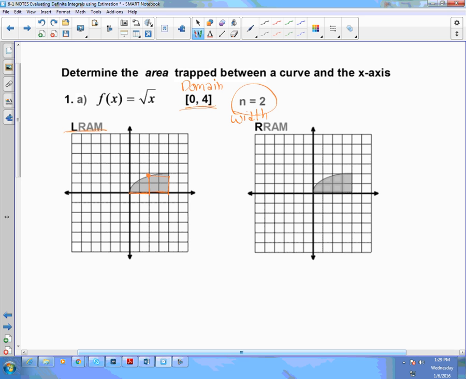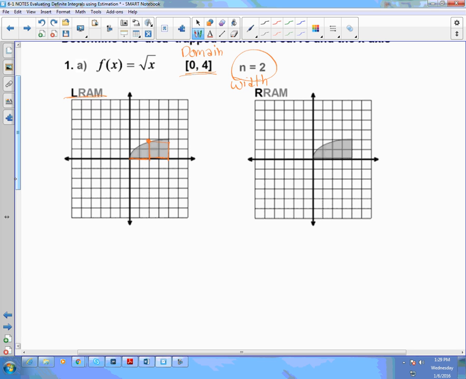Okay, now we're going to calculate this. F(x) is approximately, because we are making an approximation, 2 rectangles here. The area is rectangle length times width, right?